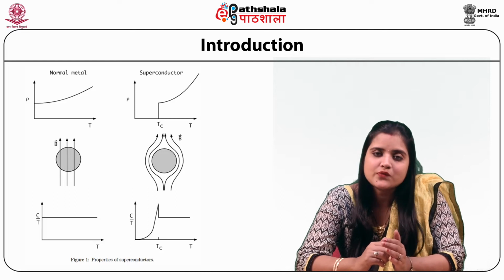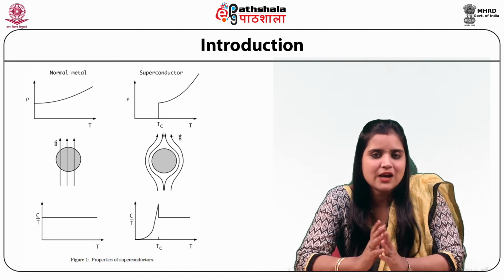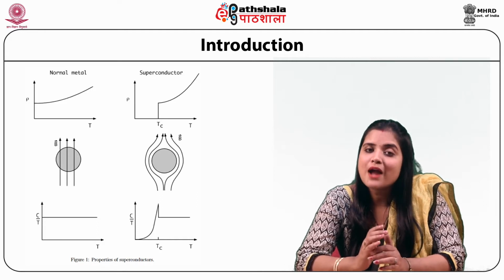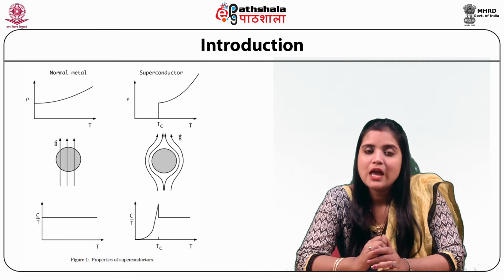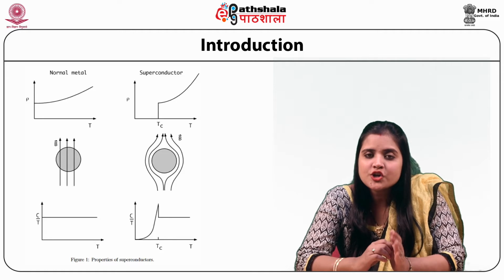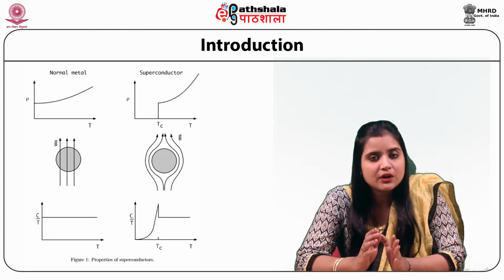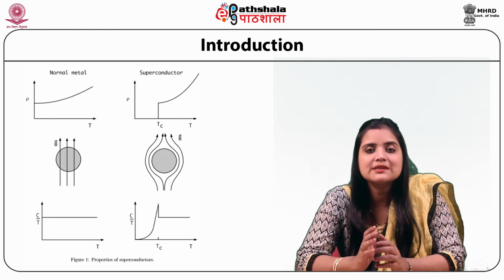In 1957, three scientists, Bardeen, Cooper, and Schrieffer, investigated the microscopic behavior. In 1933, Meissner and Ochsenfeld also discovered another important property of superconductors called the Meissner effect.